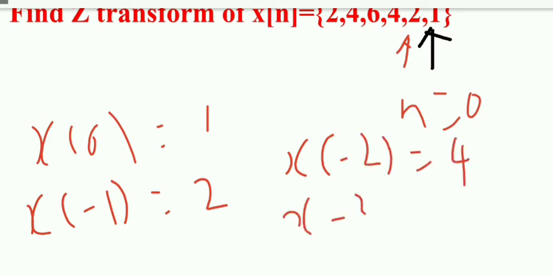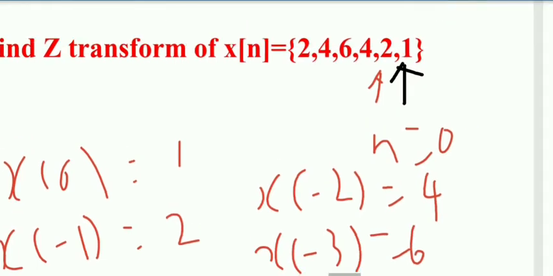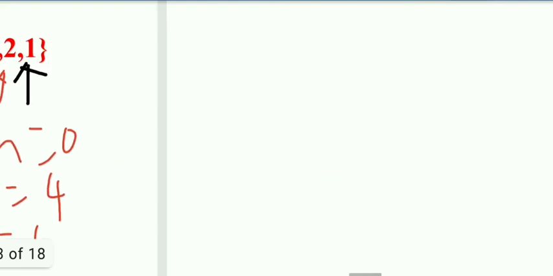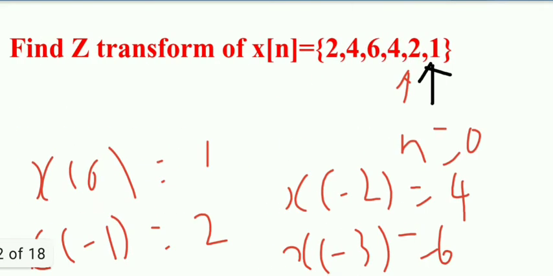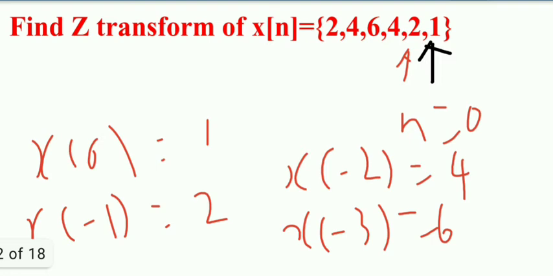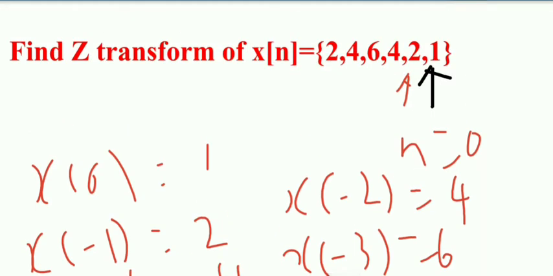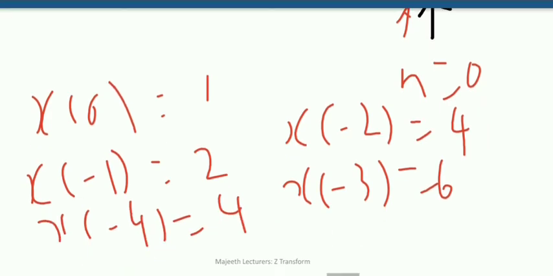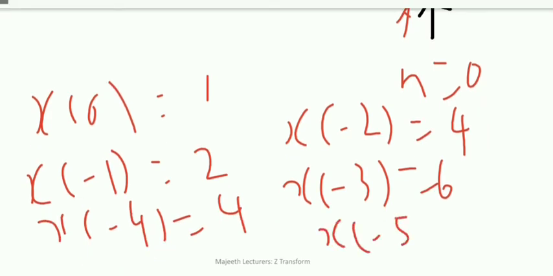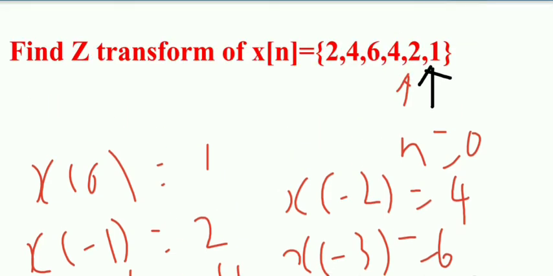X of minus 3 is 6, x of minus 4 is 4, and x of minus 5 is 2. So n goes from minus 5 to 0, or 0 to minus 5.